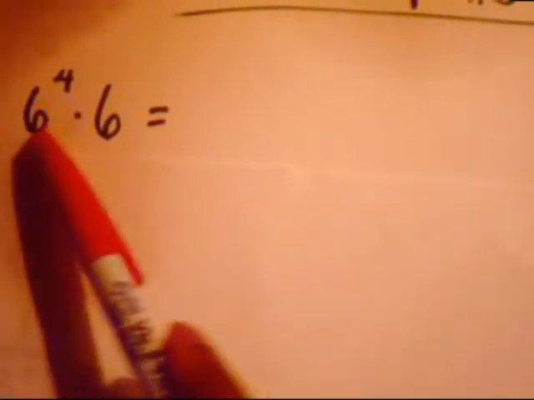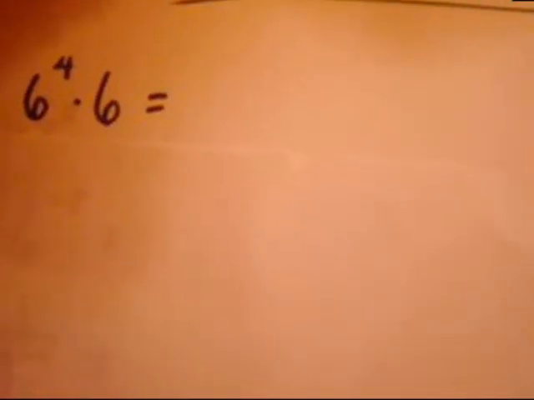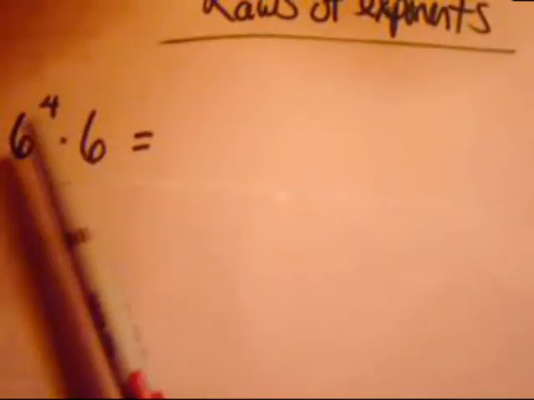Okay, when you are multiplying like bases with power of a product, the only thing that you have to do is add your exponents. Okay, so I've got 6 to the 4th times 6. Well, I've got this power right here, but there's no power on this 6. So what should the exponent be? Should be a 1, right?